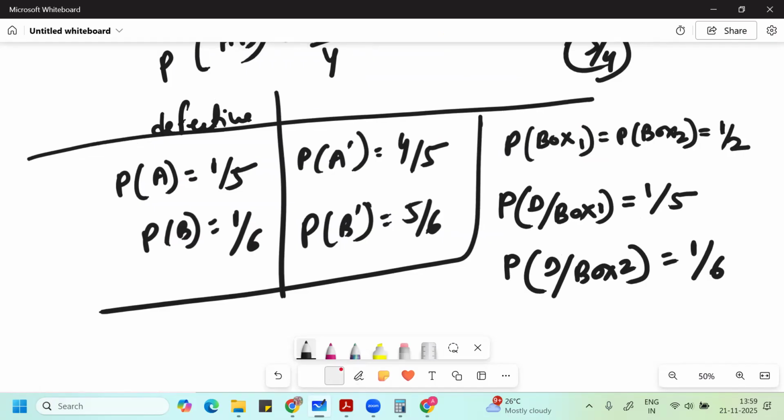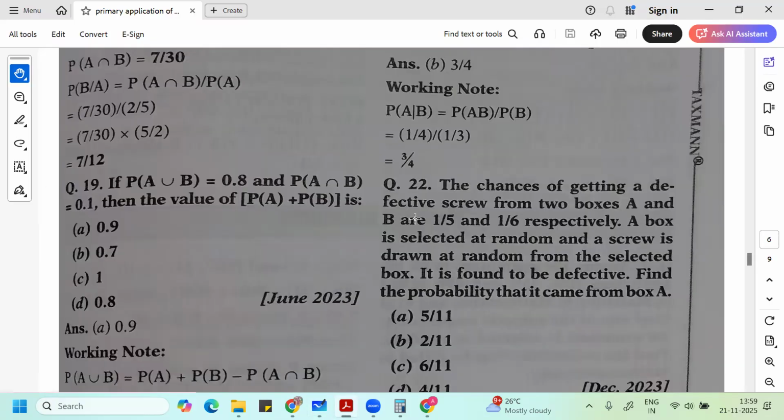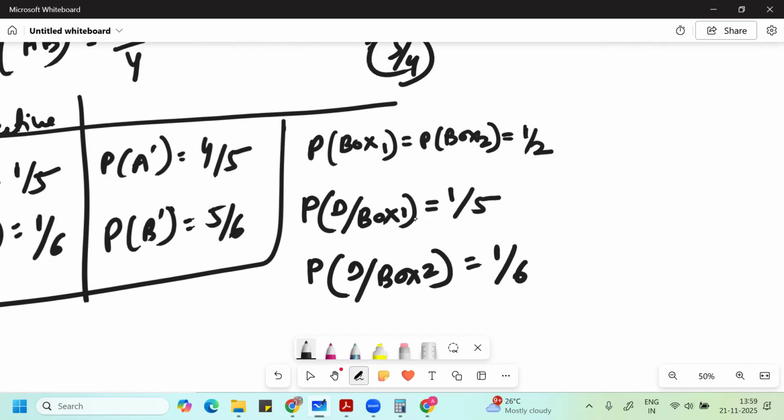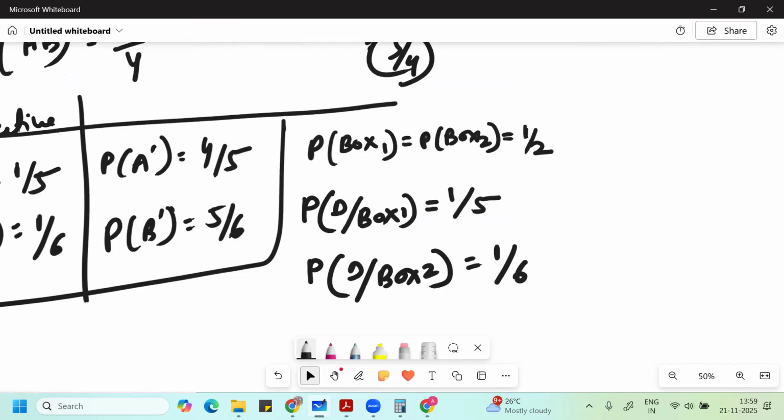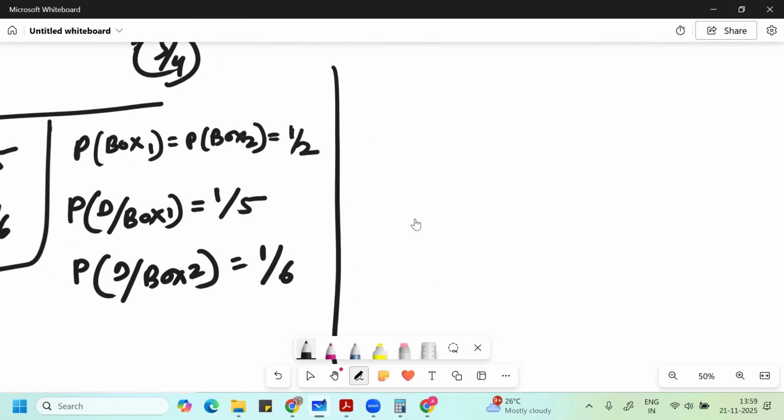Now what they're asking is: what is the probability that it came from box 1, given that the screw is found to be defective? This is a Bayes theorem question. So you got a defective screw, and what is the probability that it is from box 1?